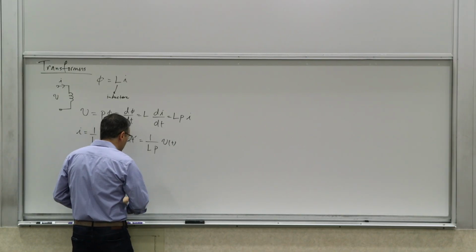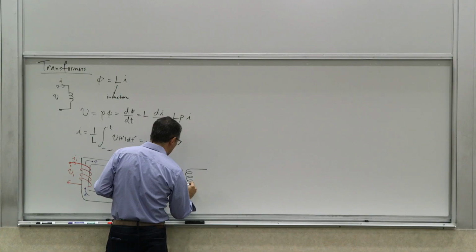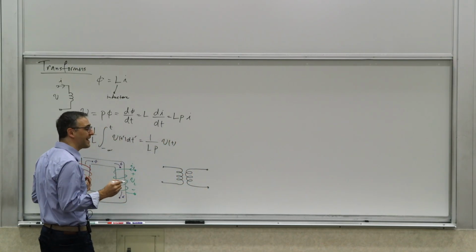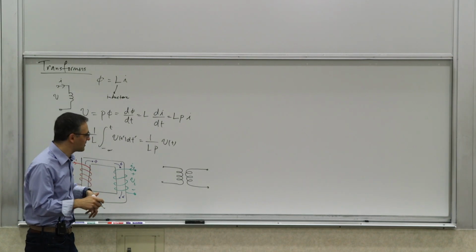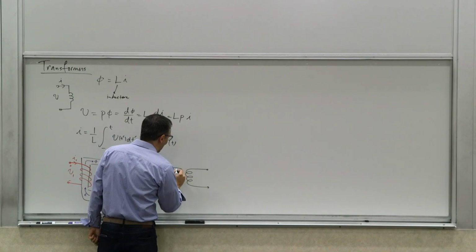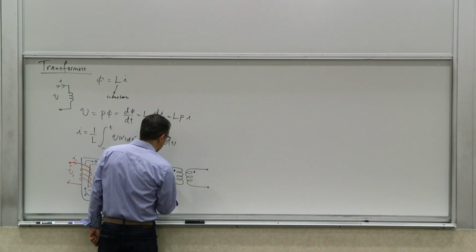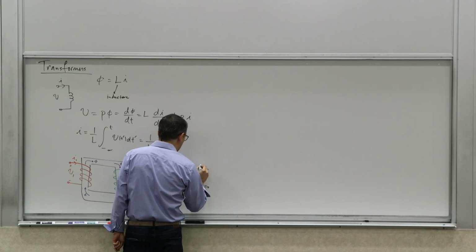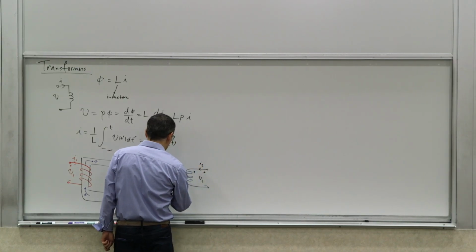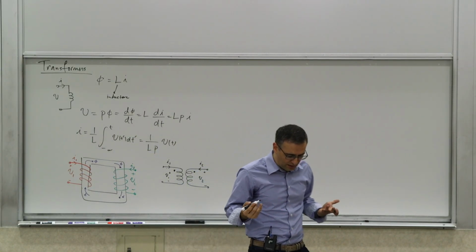In this picture, the symbol that we use for this looks like this, but we have to somehow identify the fact that these two have the same orientation for flux linkage. And the way we do it is by putting a dot either up here or here. And if these two dots are in the same place, they would be considered to have the same flux linkage. So this is I2, this is I1. And that's the very general picture that we use.